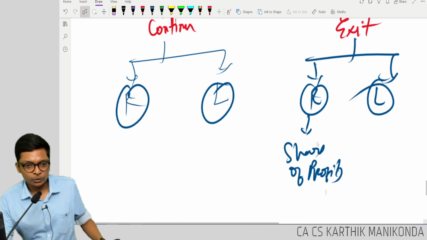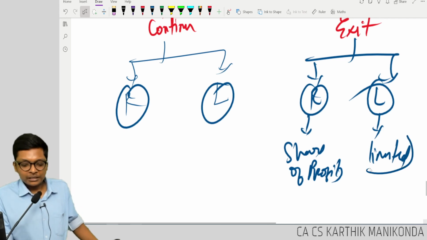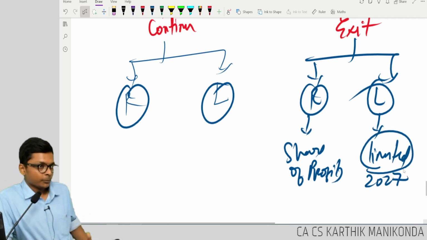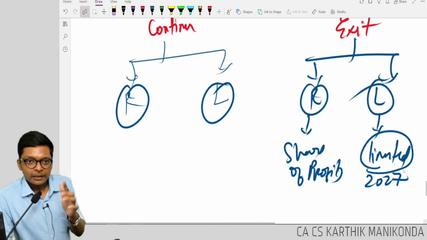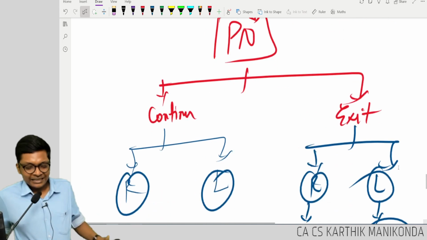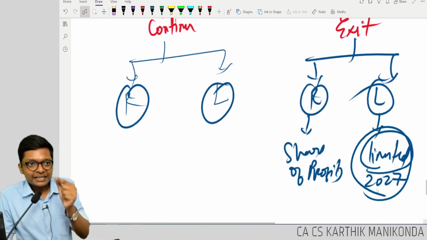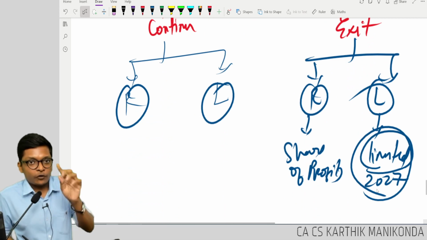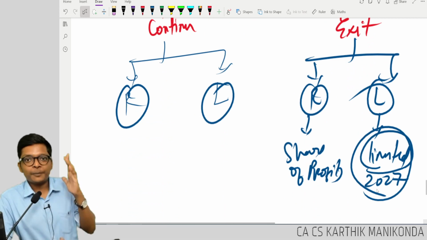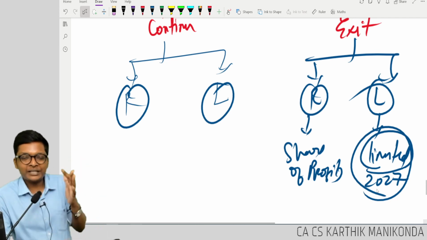Anyway, you will give public notice. My liability, will it be limited till the year 2027? Yes. Because you were never expected to become major. So if you decide to exit, from the start till the date of exit, liability will be limited, even though I am a major for 4 years. Are you following? What if the minor knowingly does it? That you have to prove. We are seeing the law. If he is knowingly doing it, I don't care.